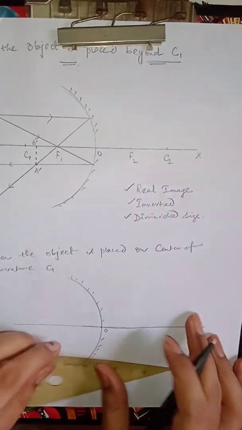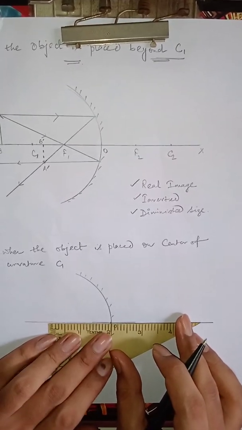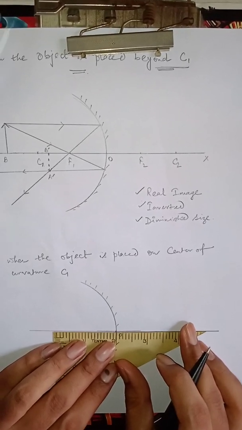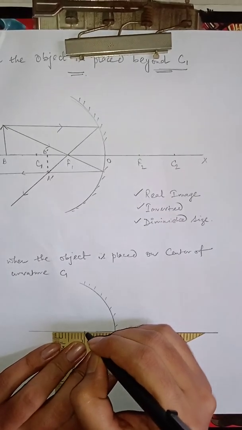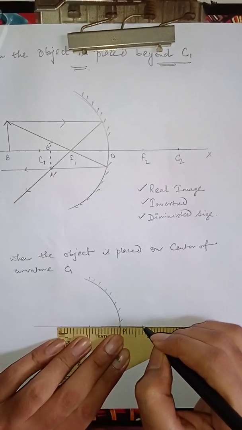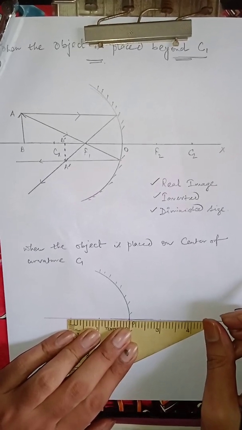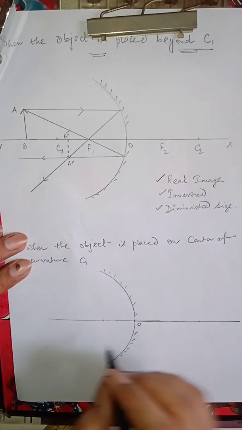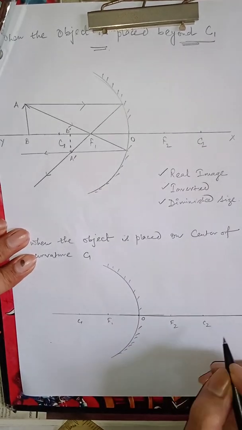now likewise I will take the focal length of equal lengths, so this is f1, this is f2, c1 and this is c2.